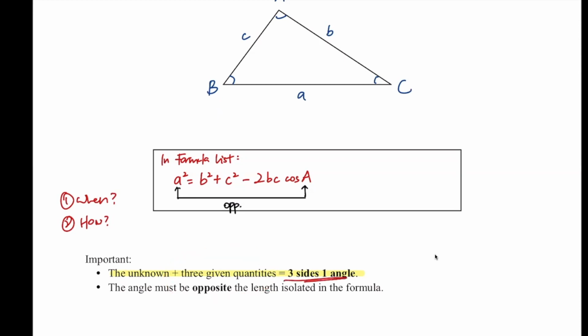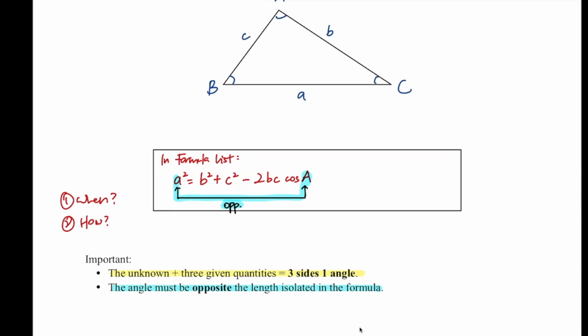They add up to three sides, one angle. And like I mentioned above, the angle must be opposite the side that is so-called isolated in the formula, means the one on the left, the side that is by itself, a. Okay, so what I'm going to do now is I'm going to show you how to apply this formula in two ways.